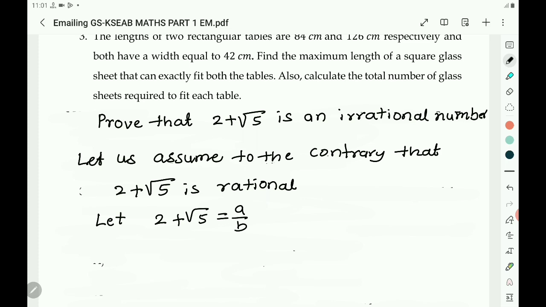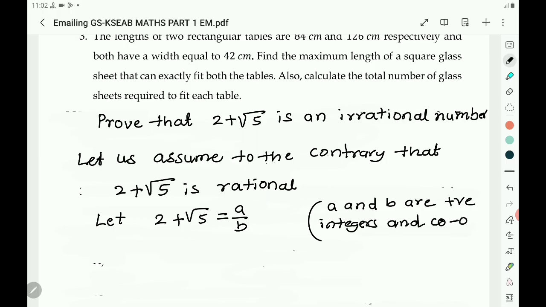What are a and b? a and b are positive integers and they are co-primes. Co-prime means their HCF is 1.